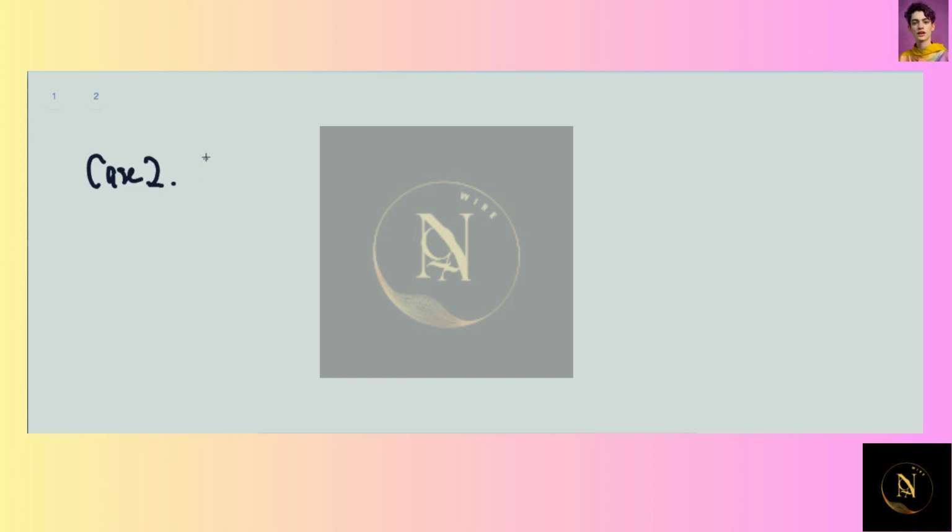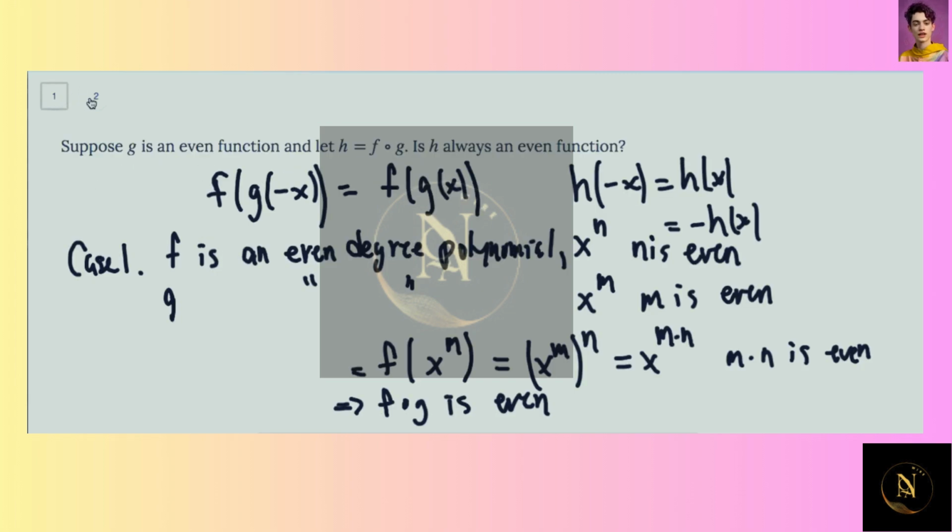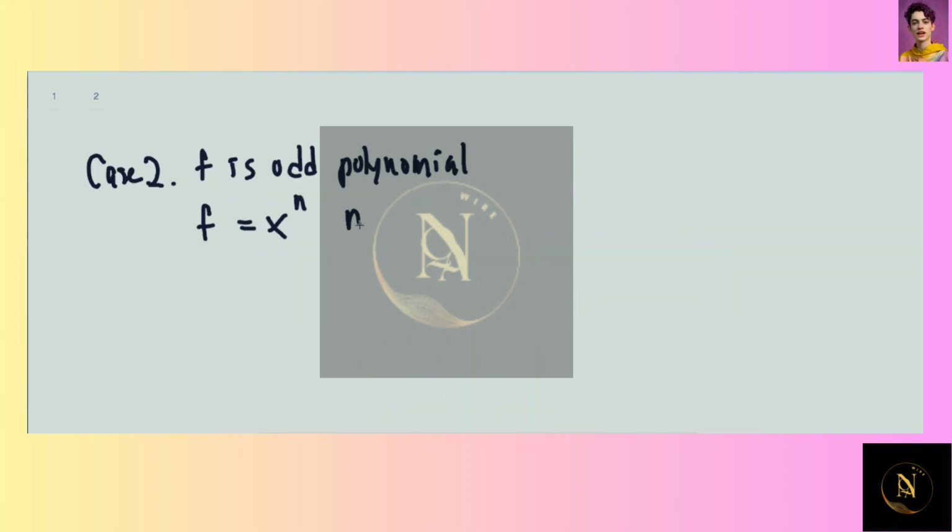Case 2, say f is odd degree polynomial, where f is x to the power n, and n is an odd number, and g is still x to the m, and as given, m is even.